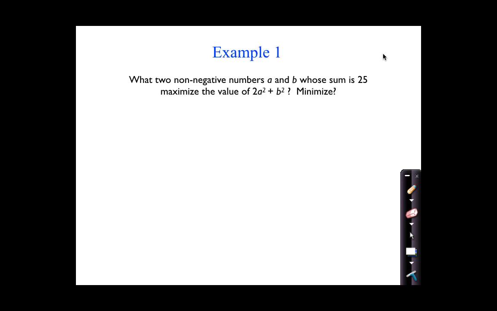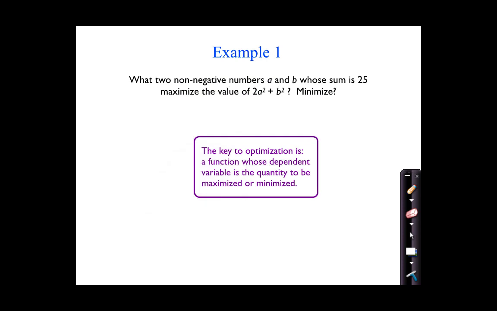So, as a first example, kind of a story problem: what two non-negative numbers a and b, whose sum is 25, maximize the value of 2a squared plus b squared? And then what values of a and b minimize the same thing? In this case, we're kind of given the function. It's not quite in a usable format right now. But again, the goal is to write a function whose dependent quantity is the thing that we're trying to maximize or minimize.